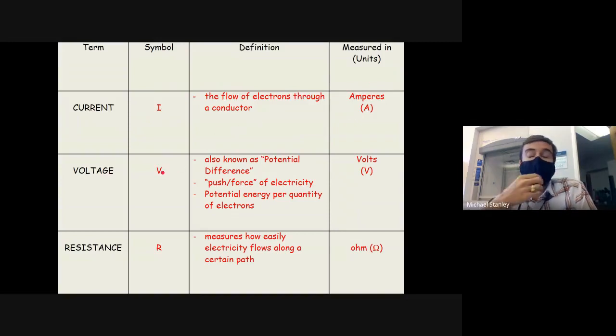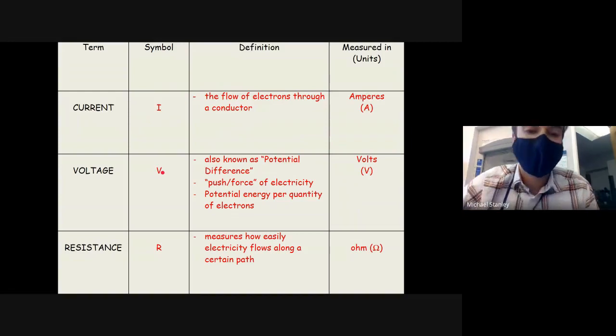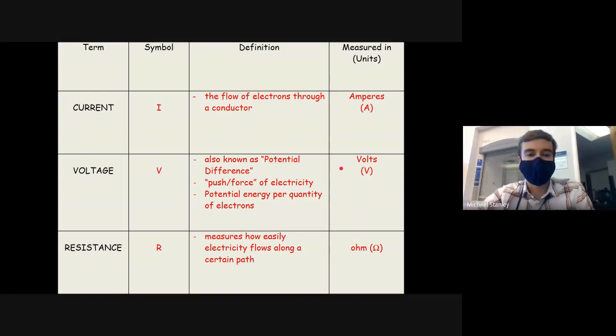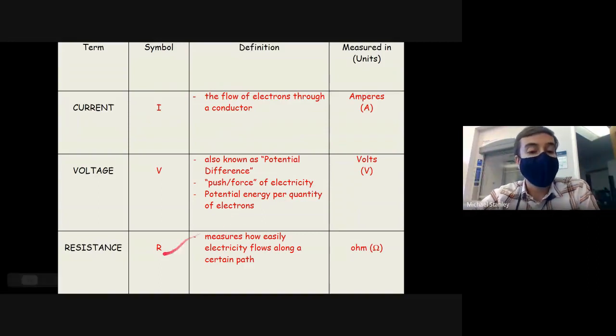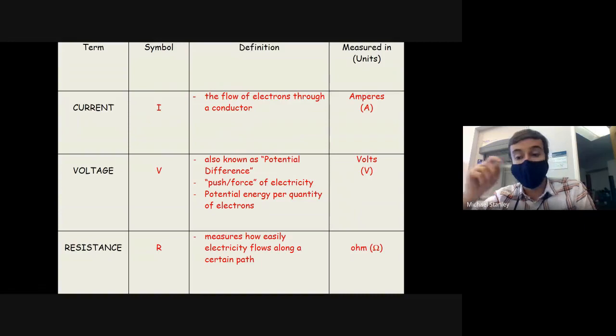We have voltage, that potential difference, the thing that is pushing those electrons, which we measure in volts. So the bigger the voltage, the more push you have on your electrons. And we have resistance, which is how easily electricity flows along a certain path. The higher the resistance, the more ohms that you have, the more difficulty electricity has flowing through that material.